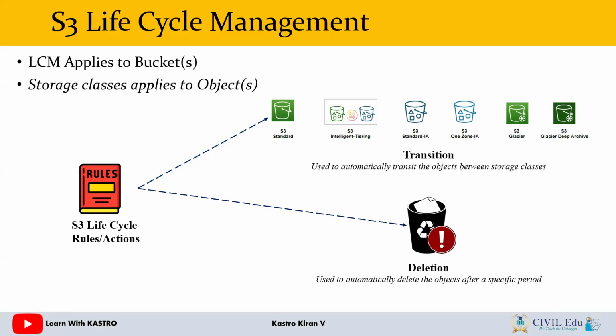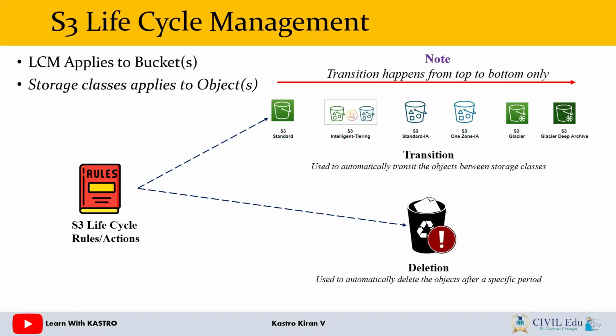One important thing that we need to remember with respect to the transition policy is that transition will always happen from top to bottom only. That means you can change the storage class from Standard to Standard IA. You can change from Standard IA to One Zone IA.